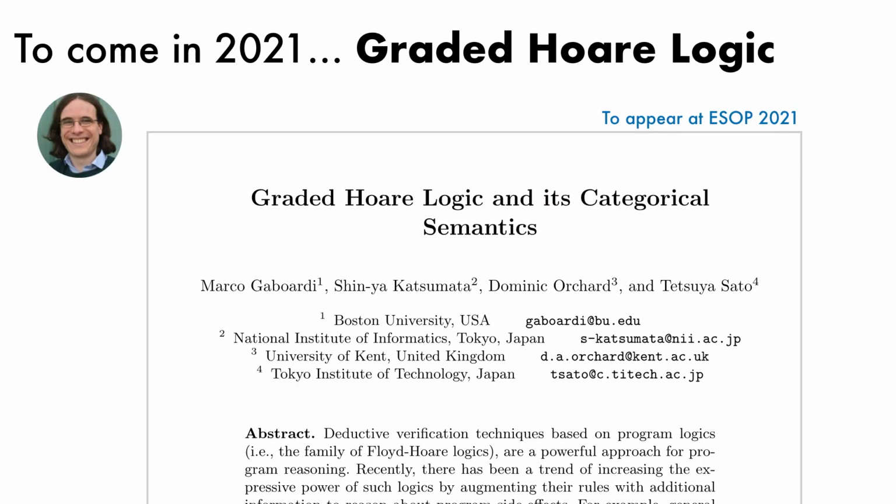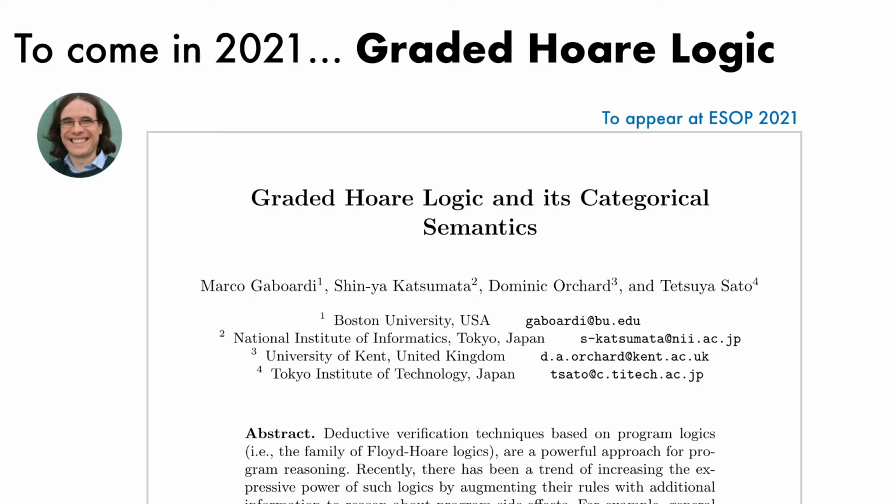And in a slightly different direction, also appearing at ESOP 2021 is graded Hoare logic and its categorical semantics, which is with my co-authors Marco Gaboardi, Shin-ya Katsumata, and Tetsuya Sato. This is an interesting thing we've been thinking about for a while. We've noticed in the literature that there are quite a few quantitative versions of Floyd-Hoare logics. These are like Hoare logic with other bits of information tracked in a very graded-like way.